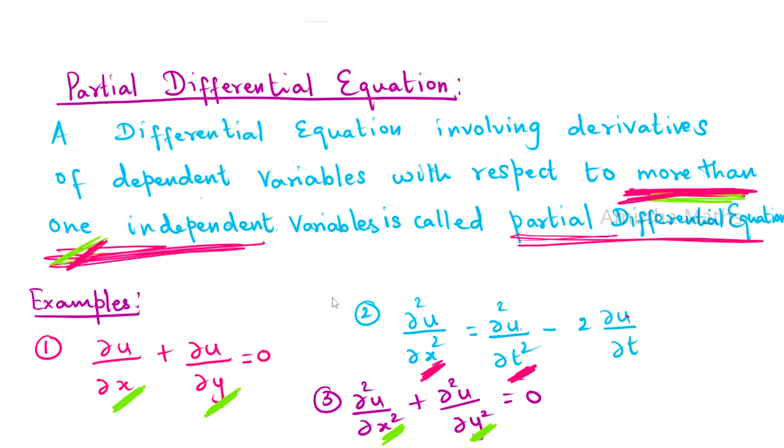Whatever is in the denominator, we call it an independent variable. Since we have more than one independent variable, we call it a partial differential equation. In our syllabus, we are confined to study only the ordinary differential equations. So hereafter, instead of ordinary differential equation, we use the term differential equations.